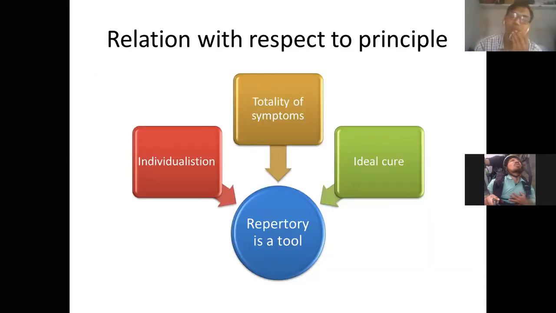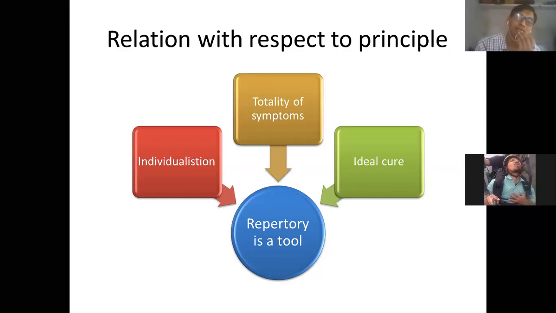Then so many concepts of totality of symptoms are there in the philosophy. There is Hahnemann's concept of totality of symptoms. There is Kent's concept of totality of symptoms. There is Stuart Close's concept of totality of symptoms. There is Boenninghausen's concept of totality of symptoms.